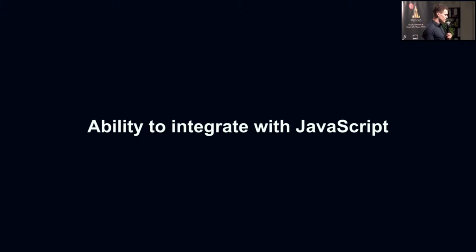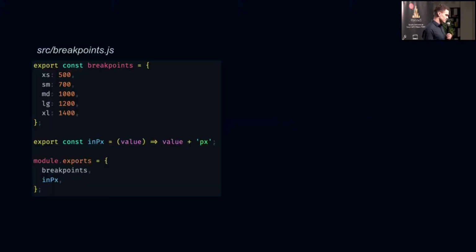It also has the ability to integrate with JavaScript, and it's one of the greatest features. Maybe it's not a feature, but it's an option to use it this way. I just declared the breakpoints in a breakpoints file, a couple of breakpoints, and I have this function which changes the number to a string with px at the end.